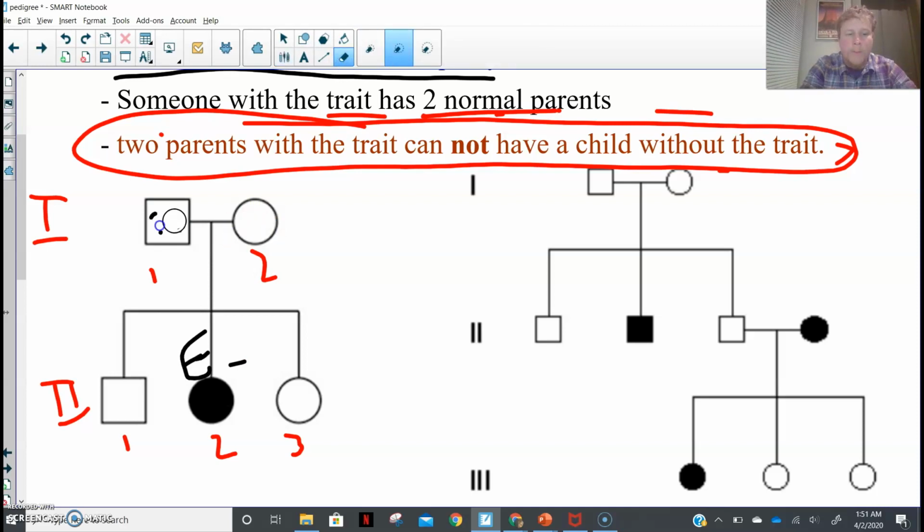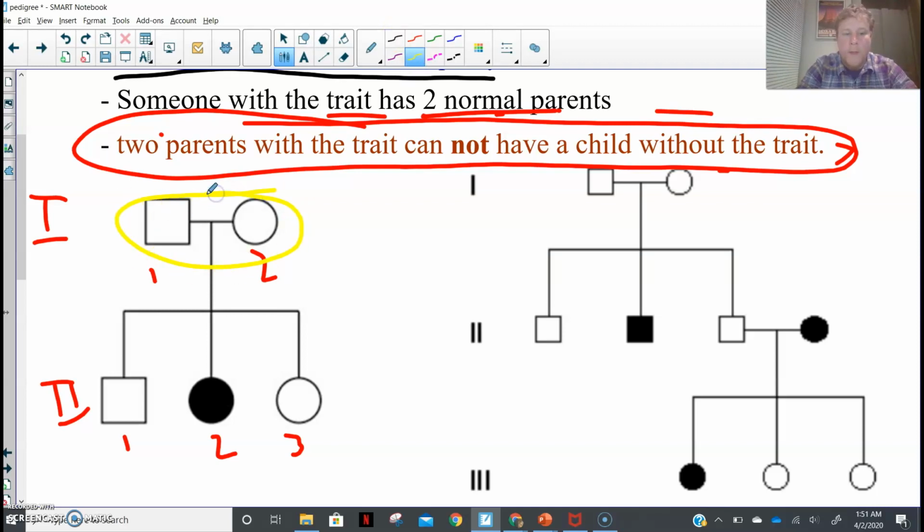That's not possible. So this is what I look for in every pedigree. I instantly look for it. Do I have two parents like this without the trait that have a child with the trait? If I do, it's going to be a recessive trait that I'm tracking.